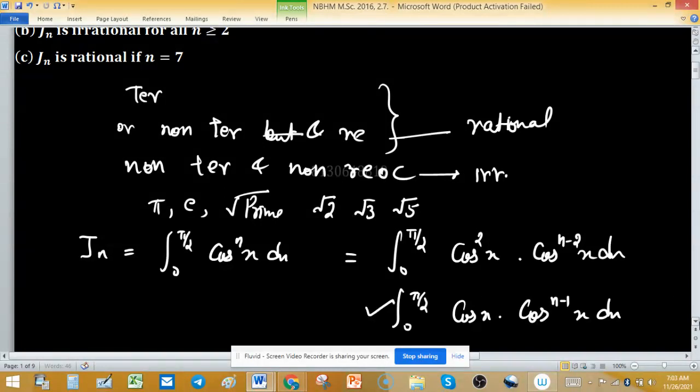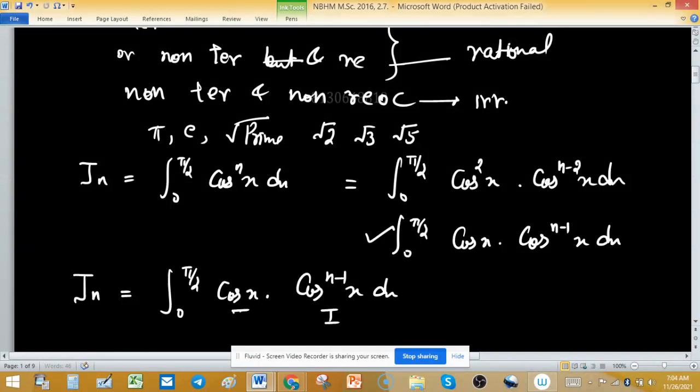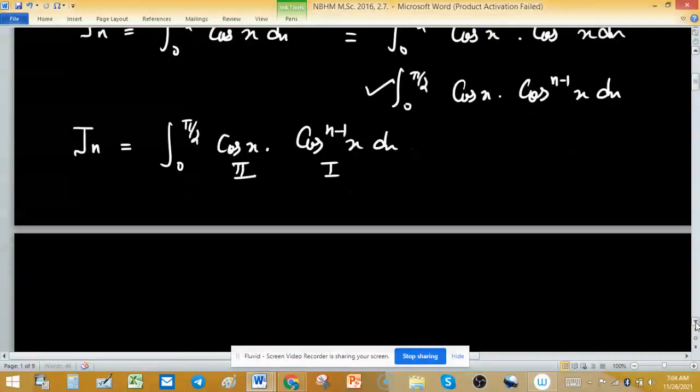I am using this format to solve this problem. So Jn equals the integral from 0 to pi by 2 of cos x into cos^(n-1) x dx, and this is my first function and this is the second function.